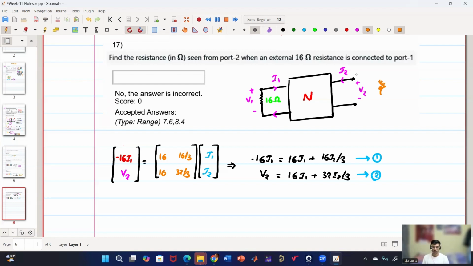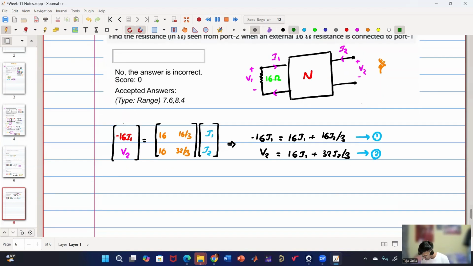I'm seeing port 2, port 1, so that's why I got confused. So we have to calculate V2 by I2. Is this V2 by I2 Z22 or is it not? No, sir, some other value, because I1 is not zero here. Yes, good.